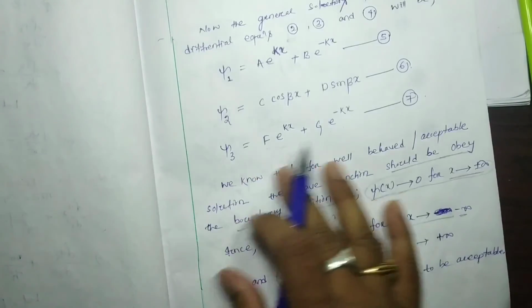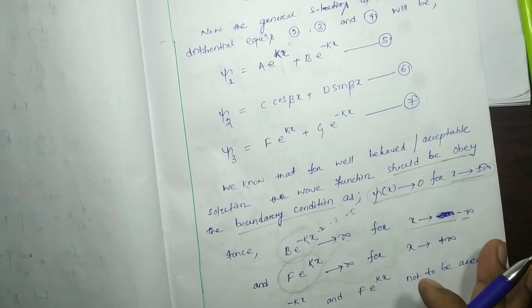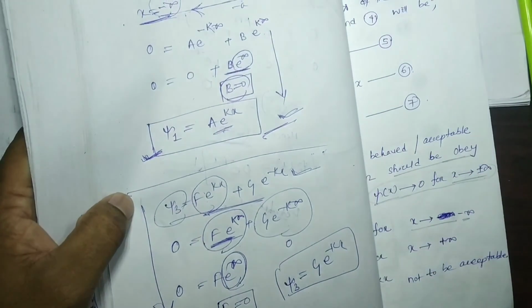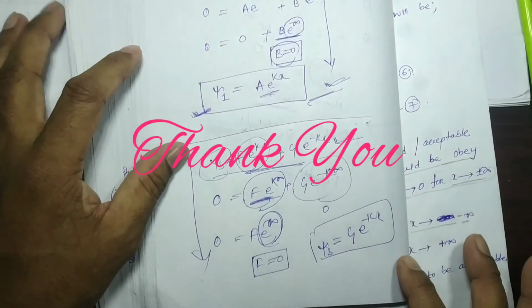Some books write in this fashion, some books write in this way. So anyone can be right either this way or this way, no issue. Okay, thank you so much.